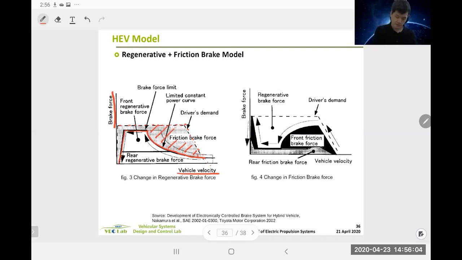This is just the same figure, but sort of reversed. Does this line look familiar?